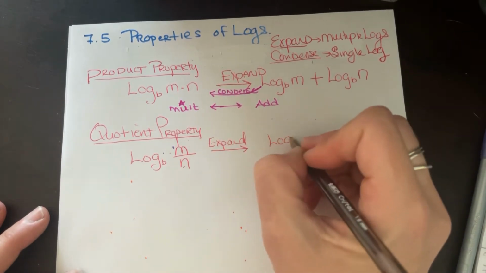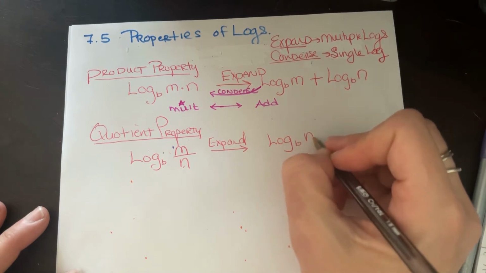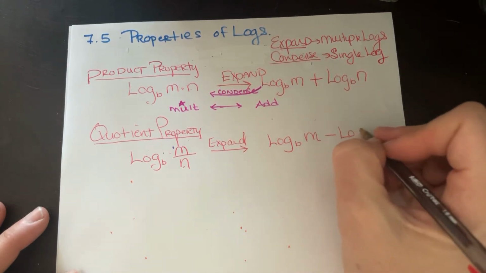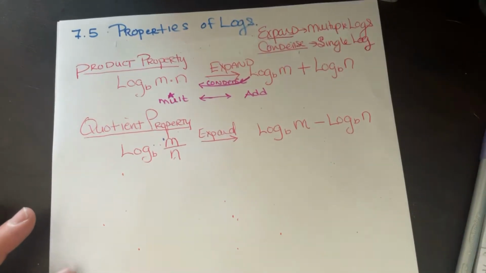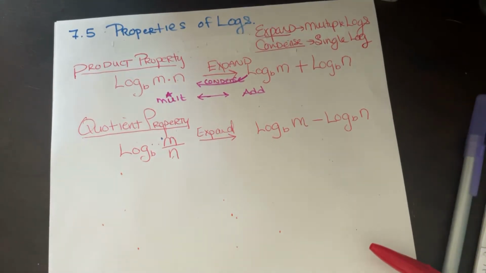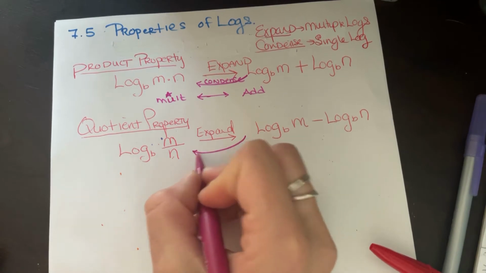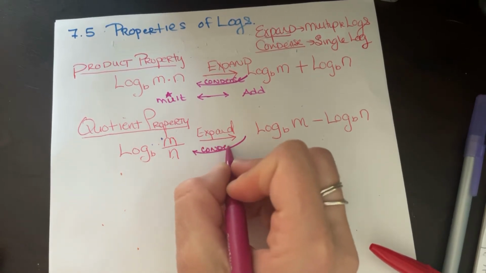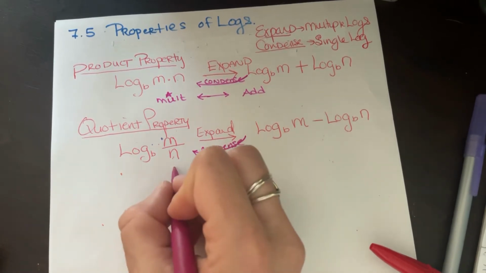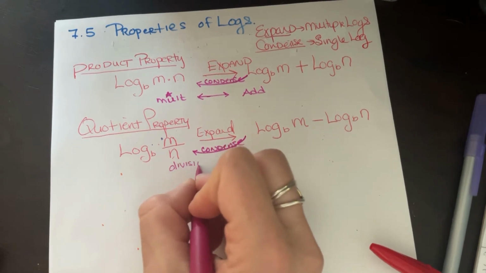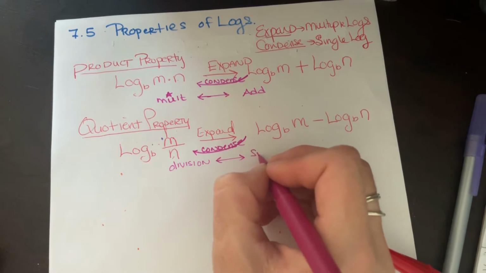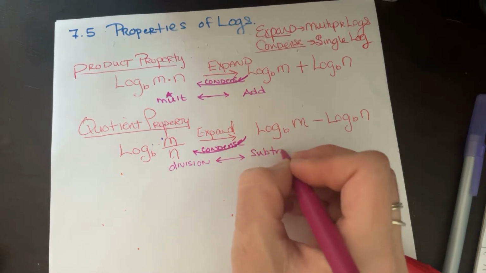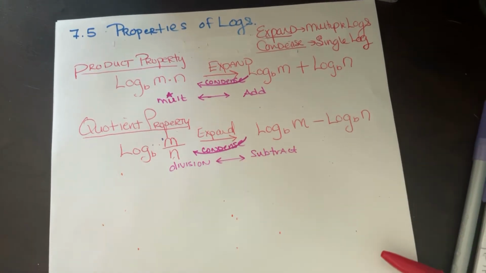So you're going to have 2 logs, and you're going to subtract. Okay, so same thing, just so you're aware, you can use these notes when we do the next day, which is condense. When you guys have division, it goes to subtraction. And you'll see how this is going to work.